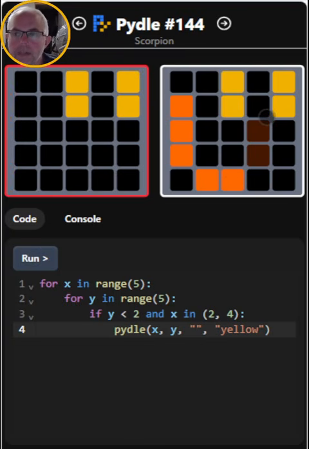Okay, these are the yellow bits. Okay, so let's tackle the browns next.